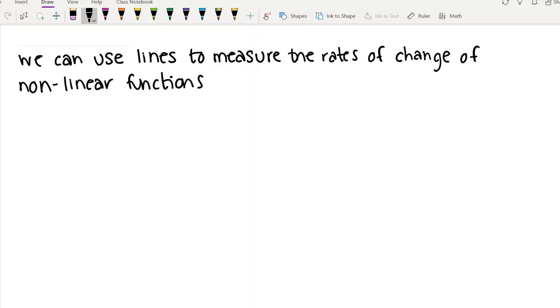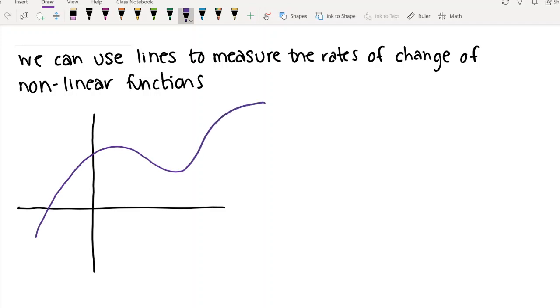So I'm just going to draw, again, a squiggle of a function. So let's say that this is our function. Let's call this function f.